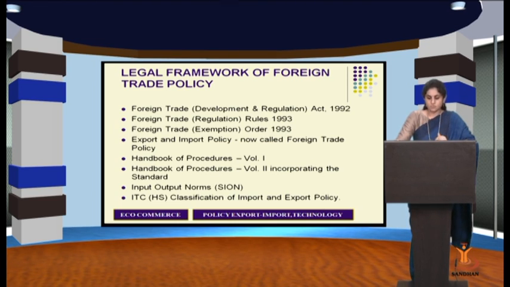Now, if we talk about Rule 7, they specified the circumstances under which a license can be refused also. So, till now we have had a look that the Foreign Trade Regulation Rules 1993 enabled the Director General of Foreign Trade to issue special licenses to persons whose import-export code had been suspended or cancelled.